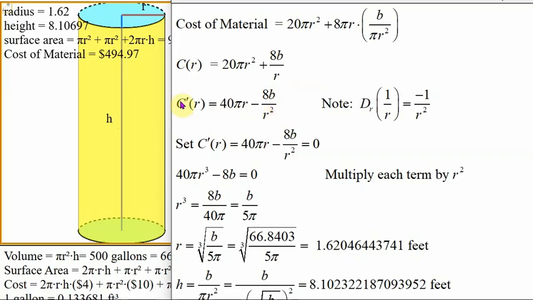We want to minimize this cost function, so we'll set the derivative of C equal to 0. Multiply each term by r squared. Then we get 40 pi r to the third minus 8B equal to 0.